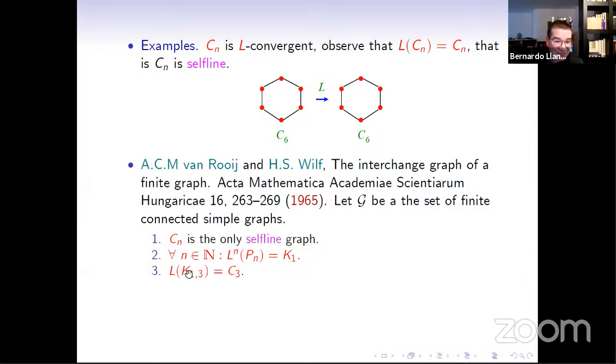Then the claw K1,3 is evidently a cycle on three vertices, and any other graph G of the class is L-divergent, except Cn, Pn, K1 and K1,3. And this was obtained by Van Rooij and Herbert Wilf in the 60s. This is the nice characterization.